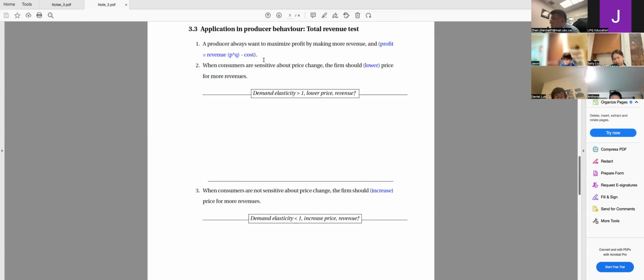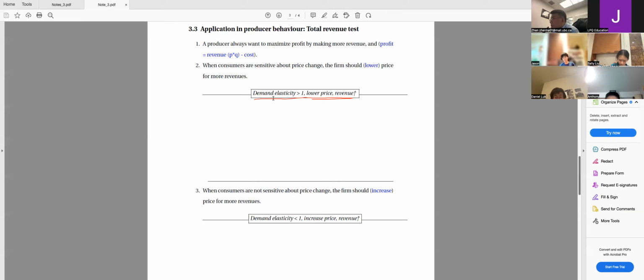So if you have your own business, how do you choose your pricing strategy? The answer depends on what kind of targeted consumer group you are facing. Here is the final conclusion: if ED is greater than 1, if demand elasticity is greater than 1, that means your targeted consumer group cares about price change.